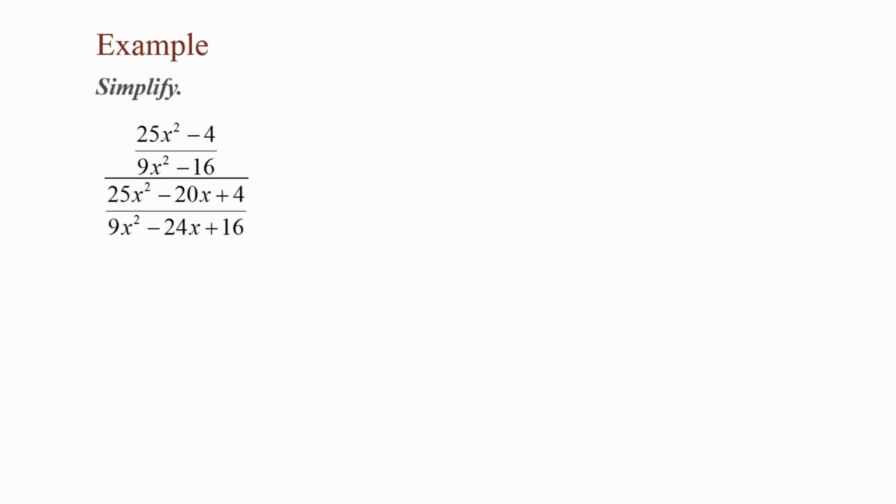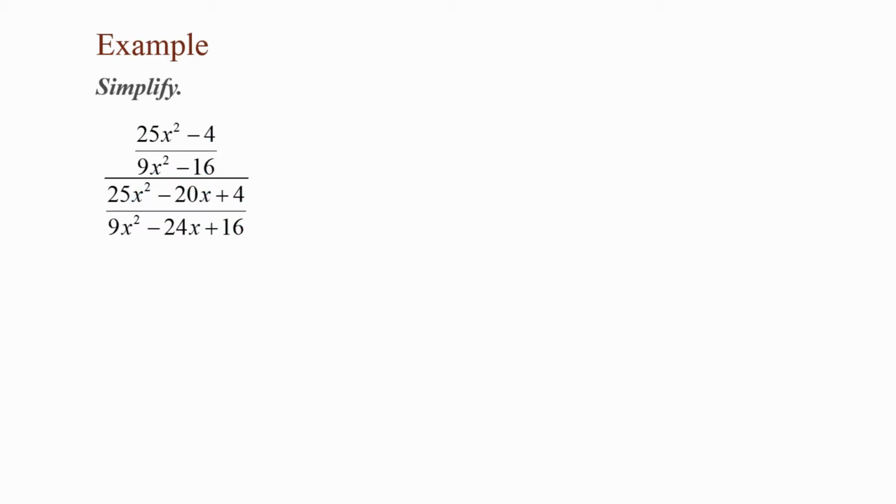In this example, simplify 25x squared minus 4 over 9x squared minus 16 divided by 25x squared minus 20x plus 4 over 9x squared minus 24x plus 16. I have a numerator and a denominator.